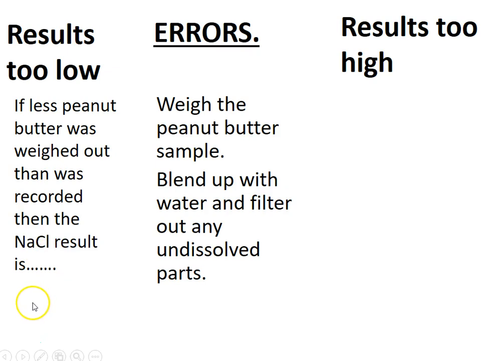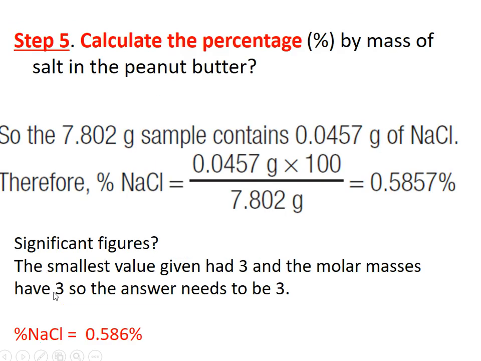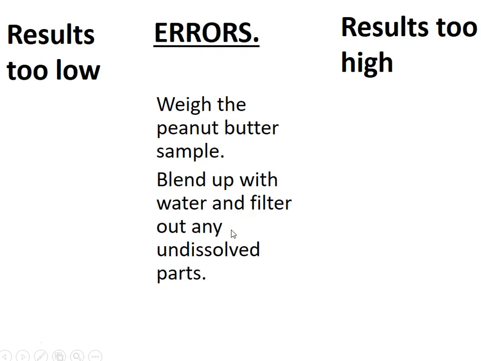So less sodium chloride, less silver chloride precipitated, less sodium chloride calculated. So the mass on the top of your fraction would be too low. So this fraction would be smaller, so your percent would be too low.